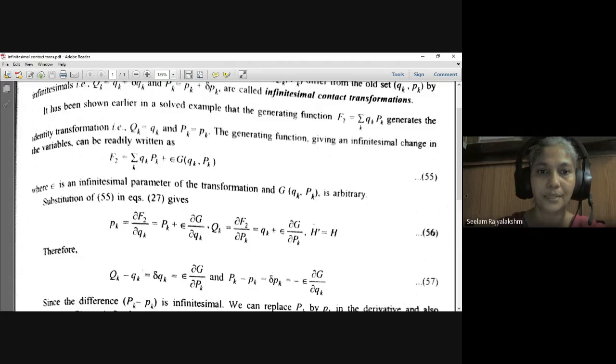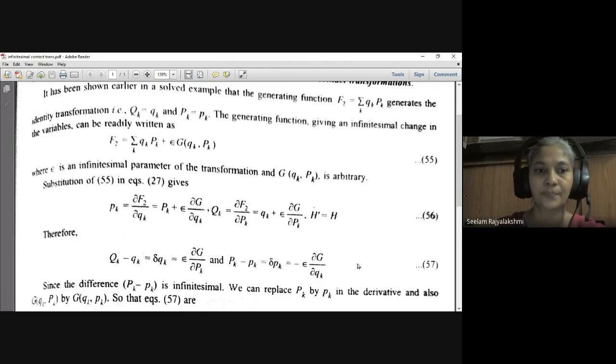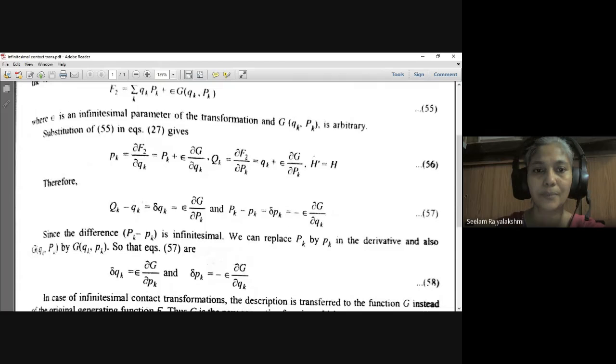Capital Pk minus small pk equals delta pk, which equals minus epsilon dou G by dou qk. This is equation number 57. The difference capital Pk minus small pk is very small, that means it is infinitesimal.